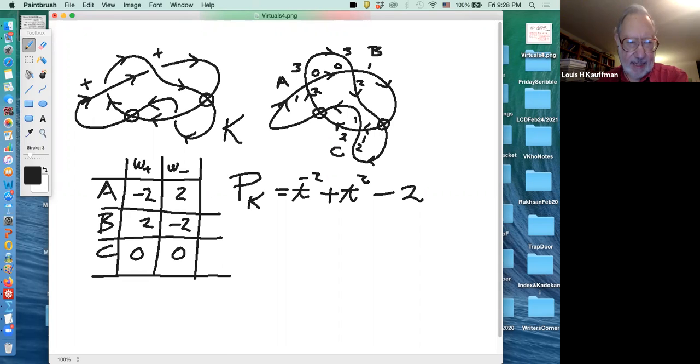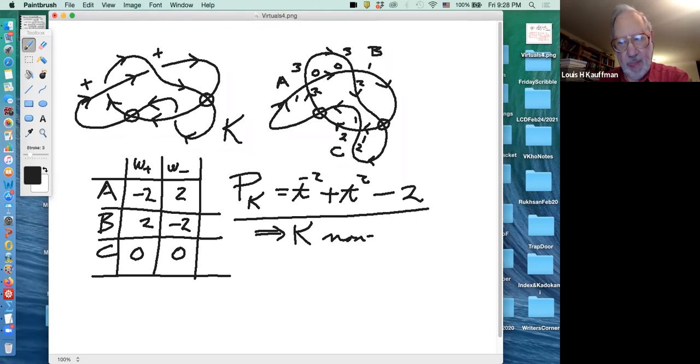So if you're calculating this, you can, in fact, always just normalize it by making sure that the sum of the coefficients of the existent t's is canceled out. The sum of the coefficients should be 0. And you don't have to think about it unless you want to. But here's our polynomial. There it is. And it's non-trivial, and that implies that K is non-trivial and non-classical.